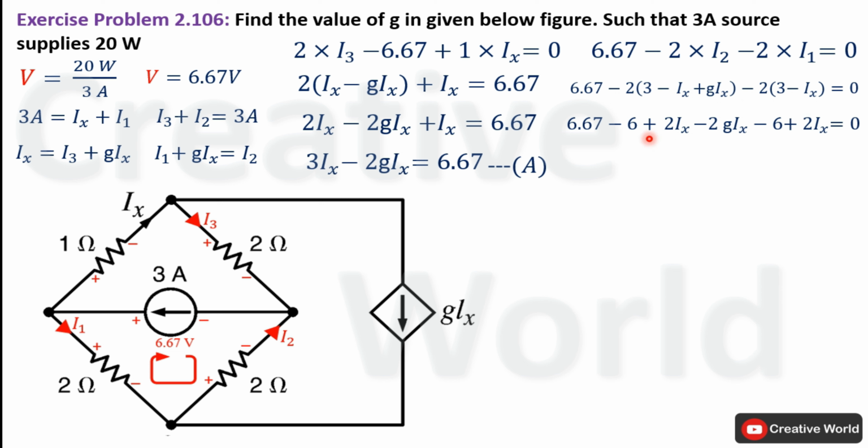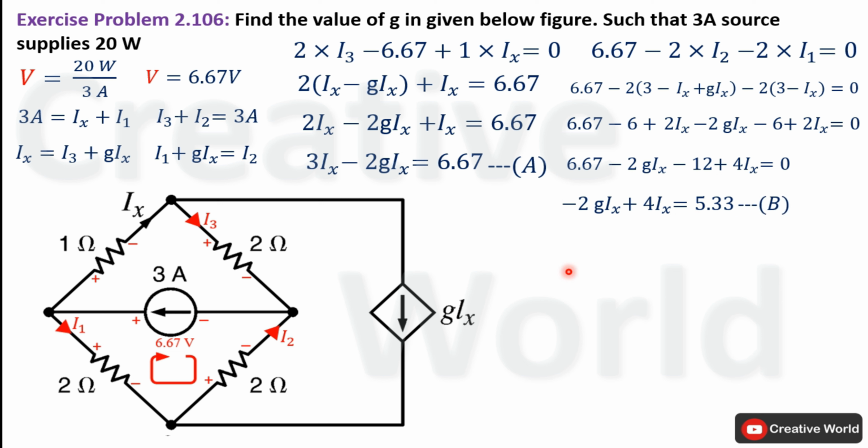Now add minus 6 and minus 6 together, it will become minus 12, and 2Ix and 2Ix will become 4Ix. Subtract 6.67 from minus 12, it will become minus 5.33, and place this minus 5.33 on the other hand side of equal, so it will become plus 5.33. Now we cannot further solve this equation, so label this equation as equation B.